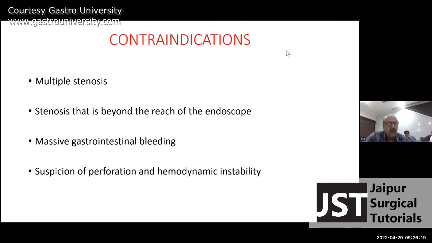If your colonoscope reaches there, you can do the stenting. If there is massive GI bleeding, again you cannot stent these patients, because it's difficult to see the procedure you are doing. And if there is a suspicion of perforation, or the patient is hemodynamically unstable, again it's a contraindication.